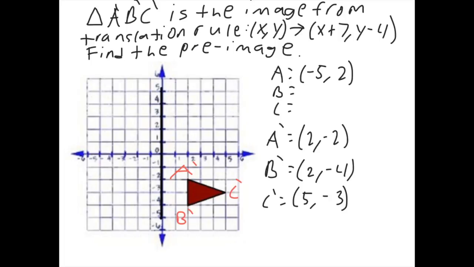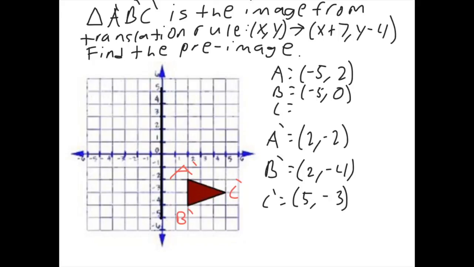And we do the same thing. We're just doing the opposite of what happened. So B prime was 2, so subtract 7 to get -5. And B prime y-coordinate was -4, add 4 to get 0.